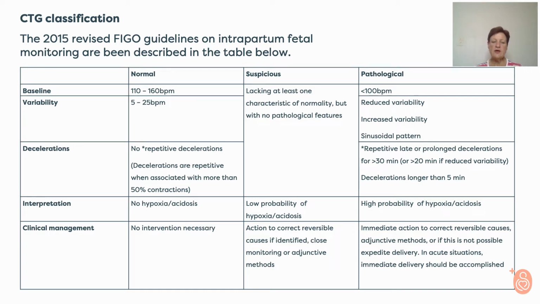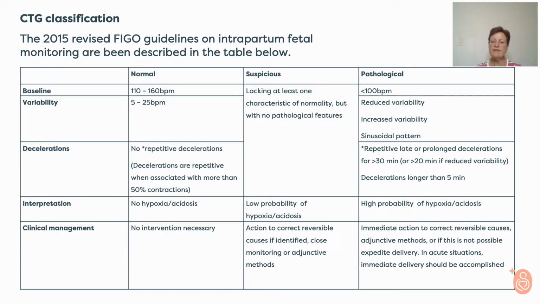And then also regarding the management, in the normal group, obviously there's no intervention necessary. In the suspicious group, we can start to try and correct the reversible causes. So try and turn the mother on her side, for example, correct the hypotension if there's hypotension, etc., and see how the fetal heart rate reacts to that.